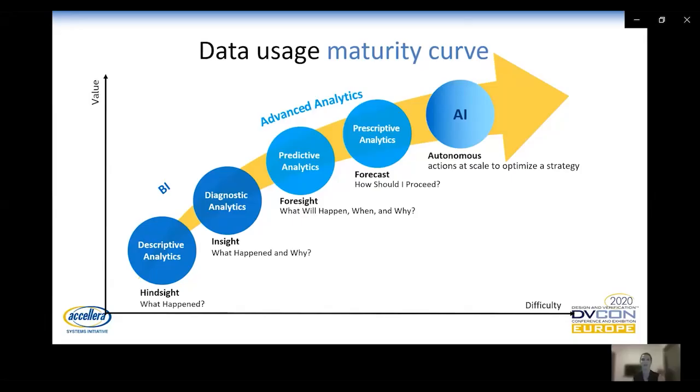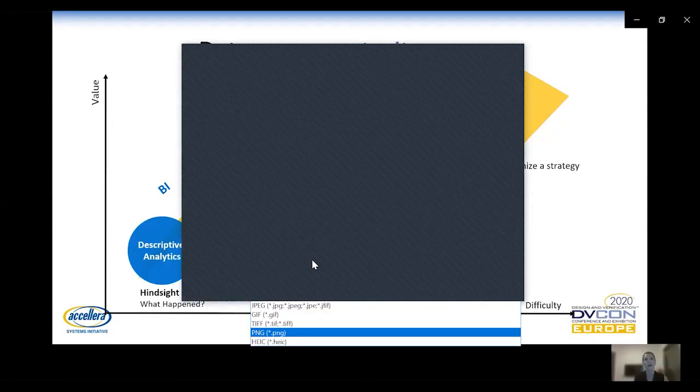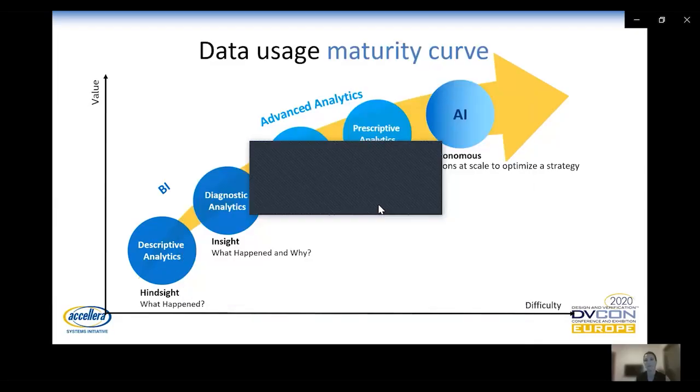The next level is what we call advanced analytics, where we are trying to not only understand what has happened, but what will happen in the future. And if we know how to predict what will happen in the future, how can we, for example, decide on what is the next best step.